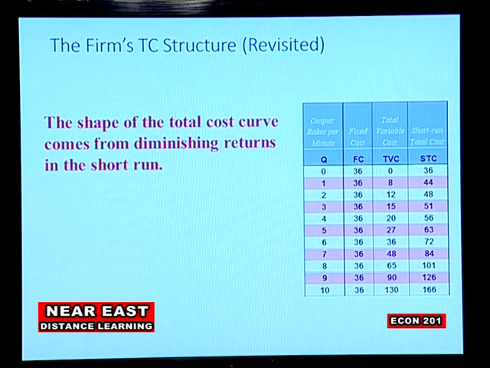At quantity of output 1, when 1 unit of output is produced, the fixed cost is 36 and the total variable cost is 8, so 36 plus 8 gives 44. Also, when 9 units of output are produced, given the fixed cost of 36 and variable cost of 90, the short-run total cost is 126. In a nutshell, short-run total cost is total fixed cost plus total variable cost.